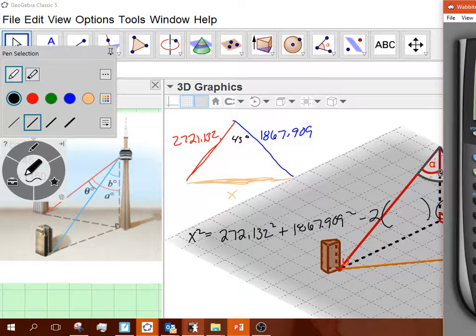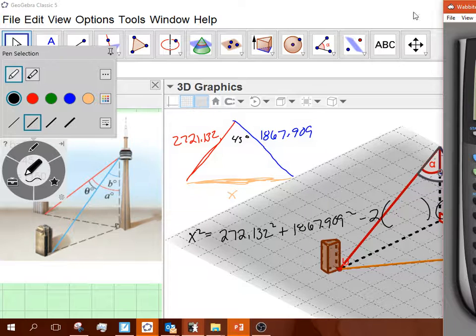I'm going to write x squared plus a squared minus 2 times x times a times cosine of 45. That gives me that distance there. I will then take the square root of that.